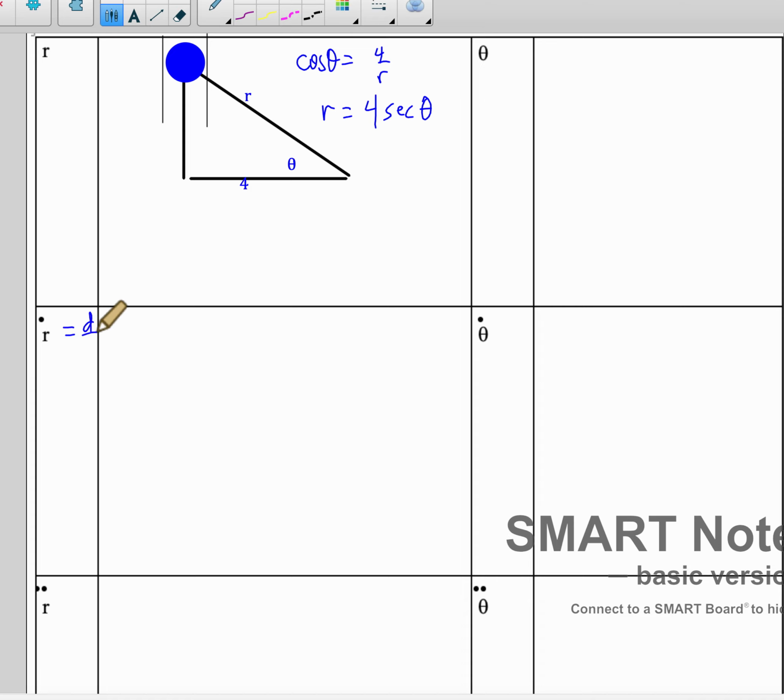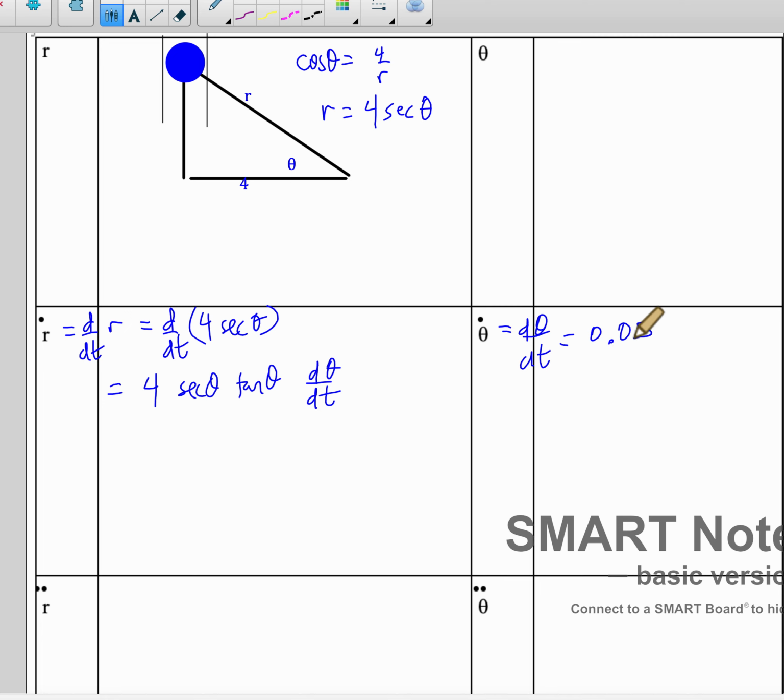R dot is the time derivative of r. So we have to do the time derivative of 4 secant theta. Calculus 1, the derivative of secant is secant theta tan theta. But because we're doing a time derivative, we have to use the chain rule and multiply this at the end by d theta dt. What is d theta dt? That's theta dot, and it's given as a constant in this problem.